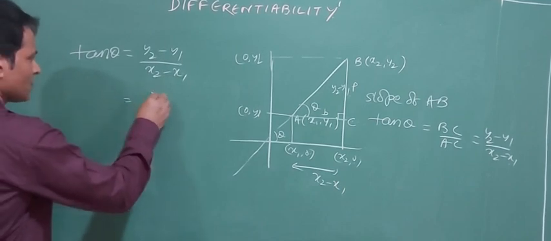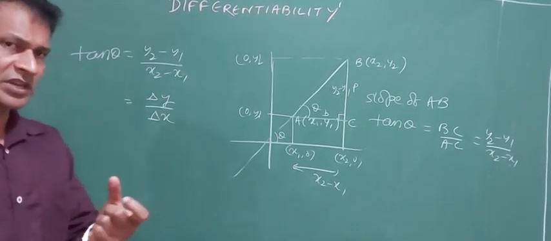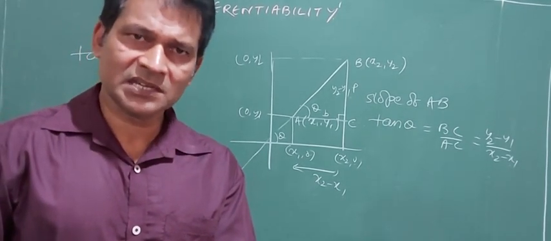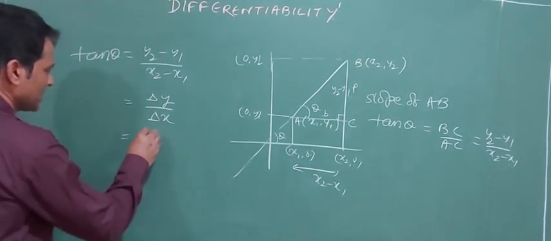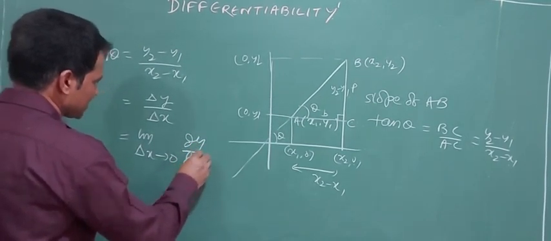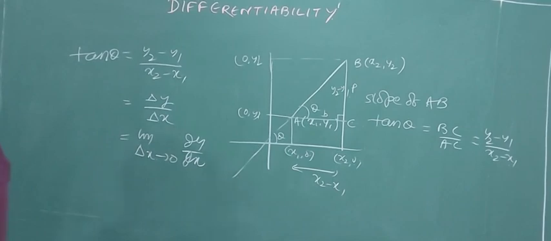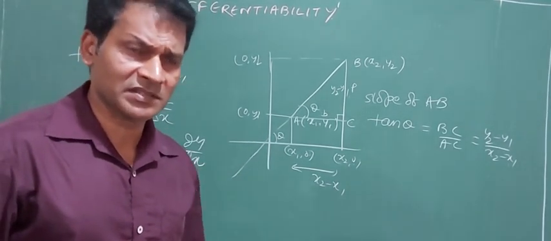So this is y2 minus y1 by x2 minus x1, which can be written as del y by del x. What is that del? Del is a small change between two coordinates. Del stands for the difference here. So if I apply limit del x tends to 0, that becomes dy by dx. That means easily we can see that from slope we got dy by dx. Already in class 11 we have studied find the derivative of a function y with respect to x.